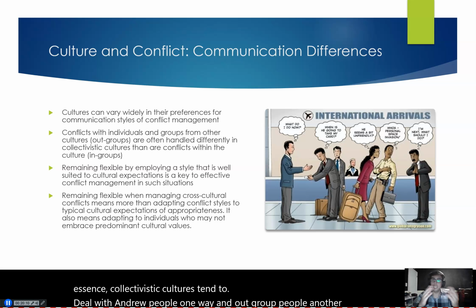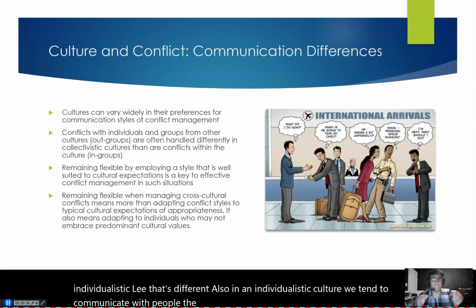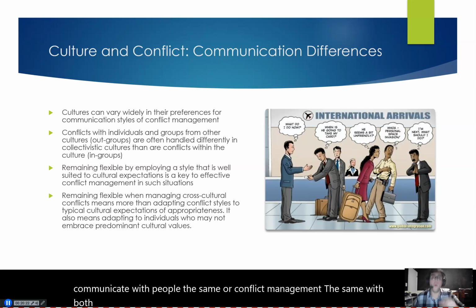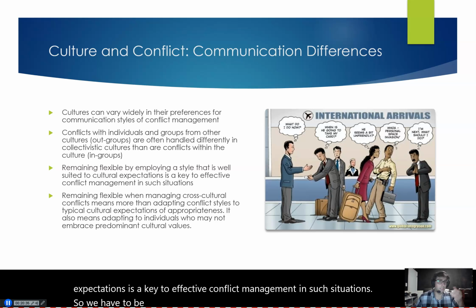And individualistically, that's different. In an individualistic culture, we tend to communicate with people the same, or conflict management the same with both. Remaining flexible by employing a style that is well suited to cultural expectations is a key to effective conflict management in such situations. So we have to be adaptable to cultural expectations.